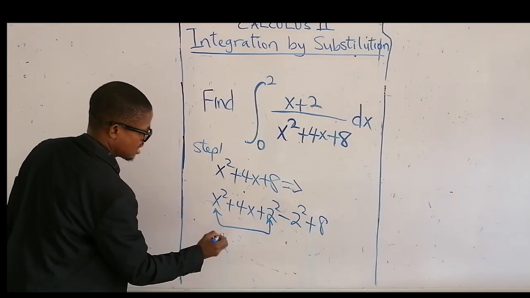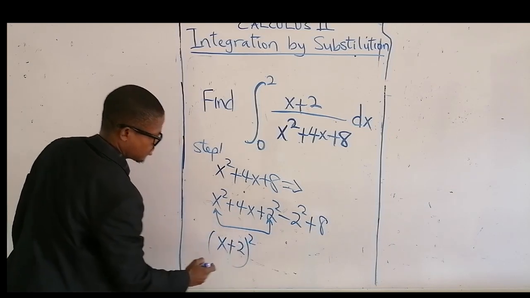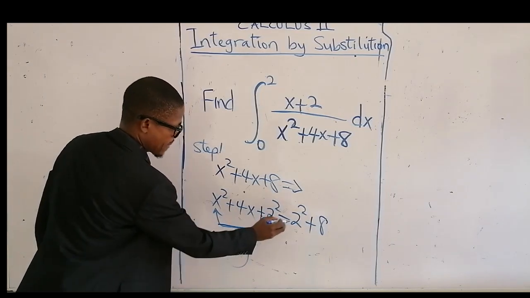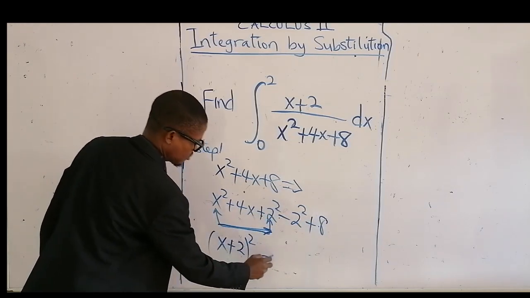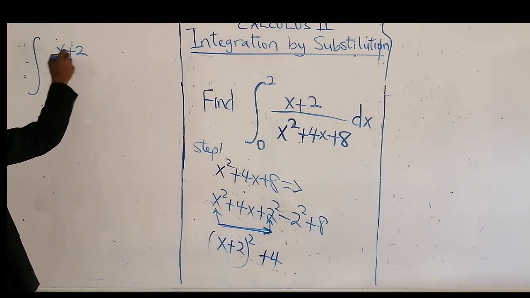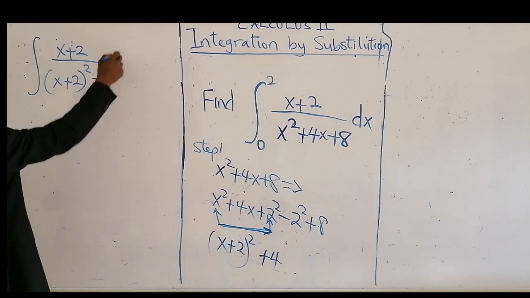And that will be x plus 2, you square that. So if you expand this, it's going to give you this one back. Then this is 2 squared, that's 4. Minus 4 plus 8, that's plus 4.